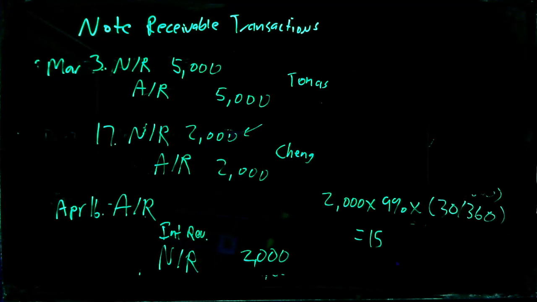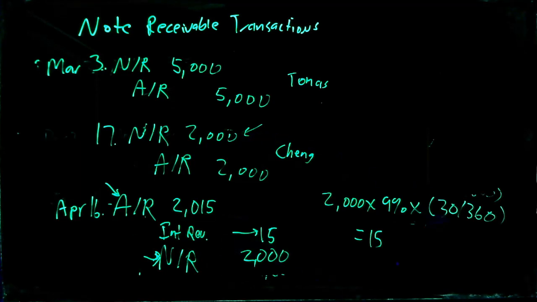So even though we're dishonoring the note, he didn't pay, we still get interest revenue of $15. So now the amount that we're moving to accounts receivable is $2,015. So we're reducing notes receivable by $2,000 because the note's past due, it's dishonored, he didn't pay. We're moving it to accounts receivable and adding our interest revenue along the way.